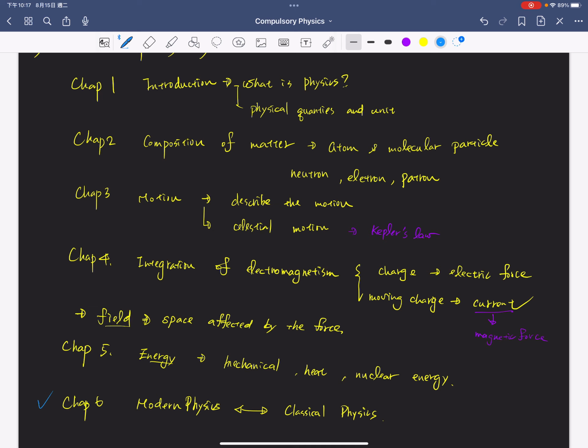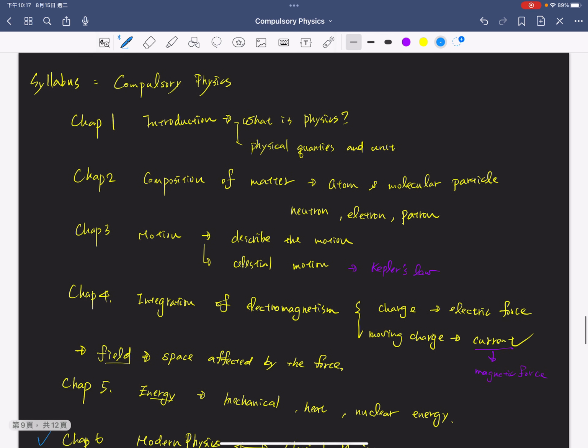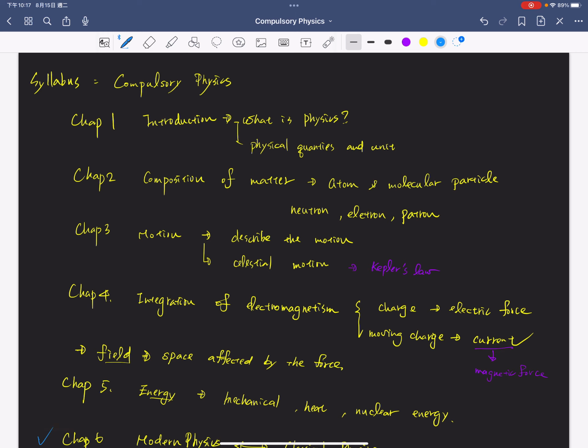However, these topics also include lots of historic stories about the scientists. So I think that's great. So this is my syllabus for compulsory physics. Let us start with chapter 1 and start our compulsory physics.